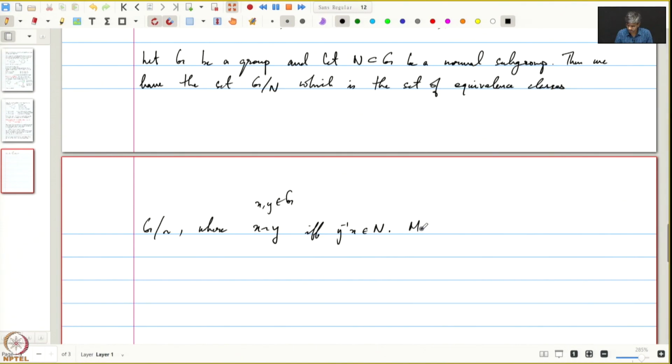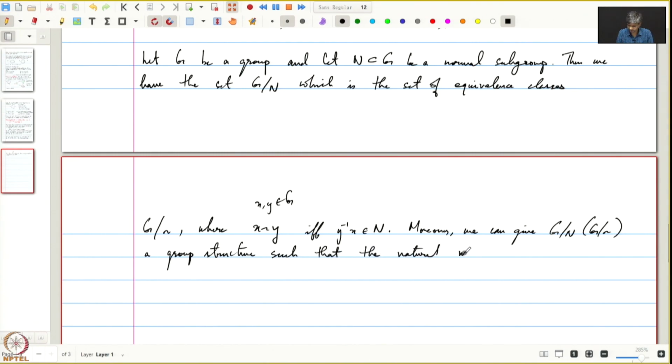Moreover, we can give G mod N, or G mod equivalence, whichever way you want to write it, a group structure such that the natural map, let's call this pi, which is just a map of sets a priori to G mod equivalence, takes an element x to its equivalence class.